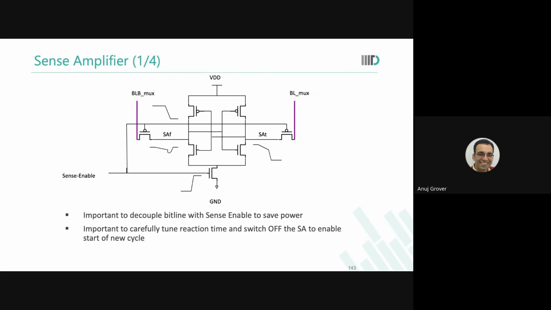If the VDIF is less, reaction time will be large, but soon it will stabilize. Are you with me? So whatever circuit you design, always try to look at trends between various figures of merit, because through that you can optimize the design. Is that okay? So, sense amplifier operation. Is it clear to every one of you?